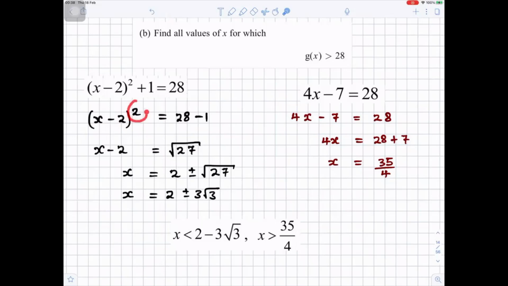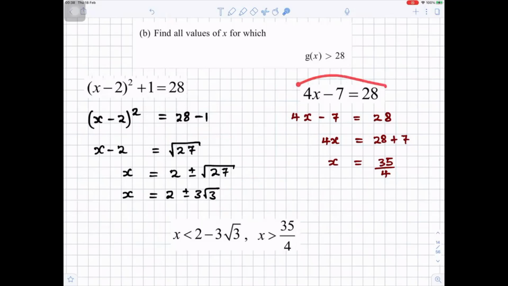We take the square to the right, it becomes square root. So x minus 2 is equal to the square root of 27. And we take the minus 2 to the right, it becomes plus 2. So x is 2 plus or minus the square root of 27. And if you put that in your calculator, x equals 2 plus or minus 3 root 3.